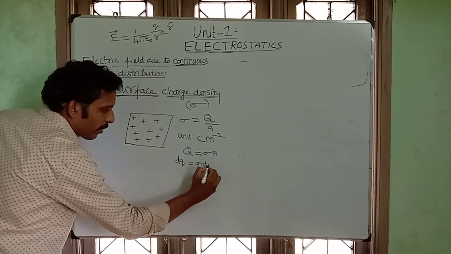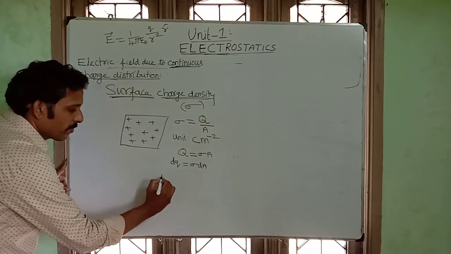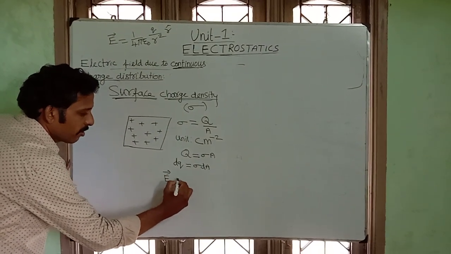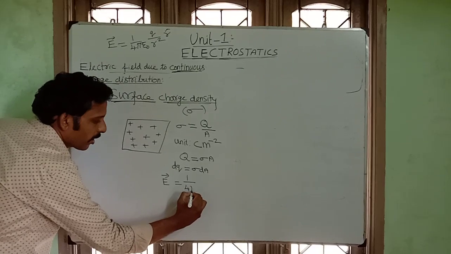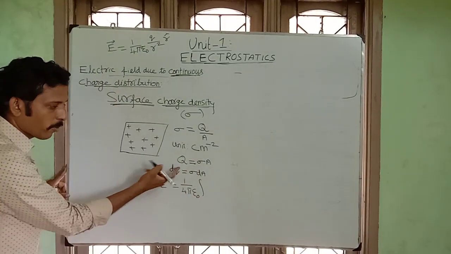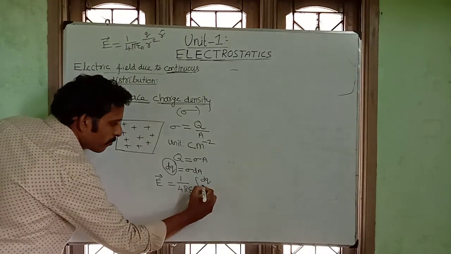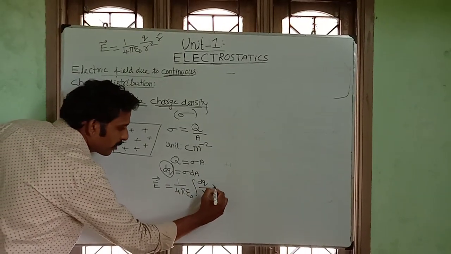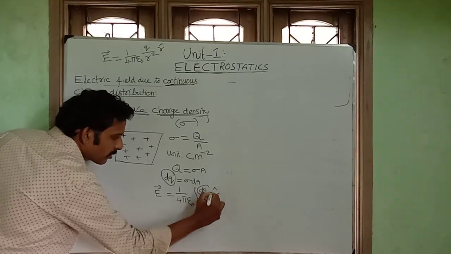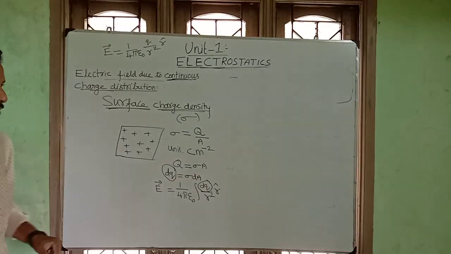Now go for the basic formula: E vector is equal to 1 by 4 pi epsilon naught integration of q by r square, r cap. Instead of q I am going to write dq, dq by r square r cap. Now instead of dq I am going to write sigma dA.